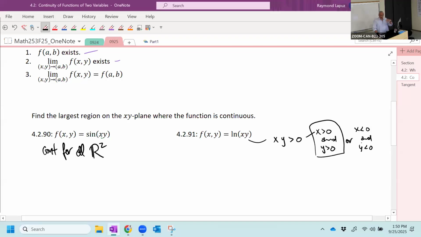Now, sometimes writing it like this would be fine, but sometimes it would actually be better to describe your domain, or in this case, since we're studying continuity, where it's continuous. So when they say find the largest region on the xy plane where it's continuous, what would you say? Well, it's these two things, right? How would you describe it using the xy plane?